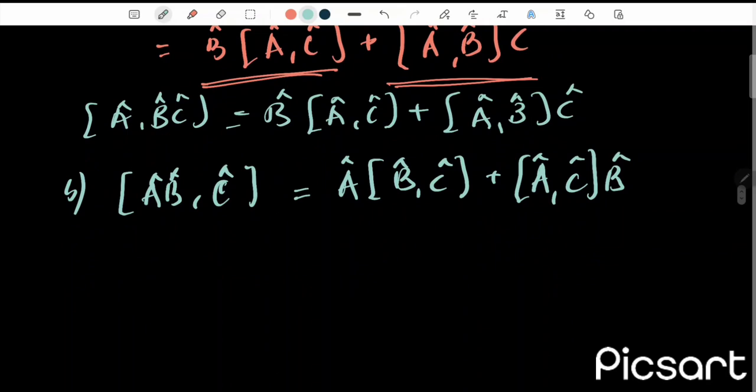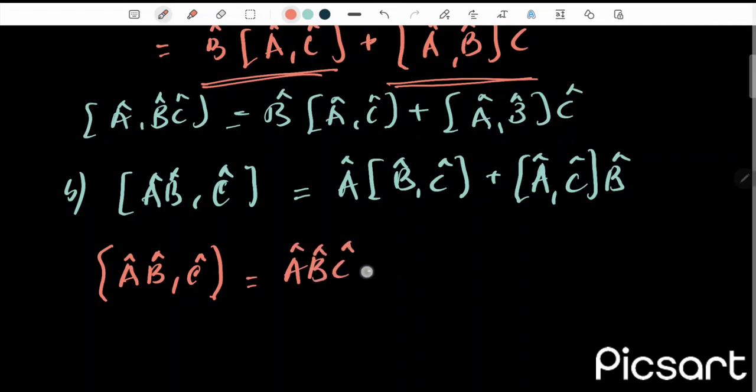Also, we will use the same procedure as the previous exercise, and we have that the commutator of A and B C is equal to A B C minus B C A. Again, we can see that here we don't have A on the middle term.